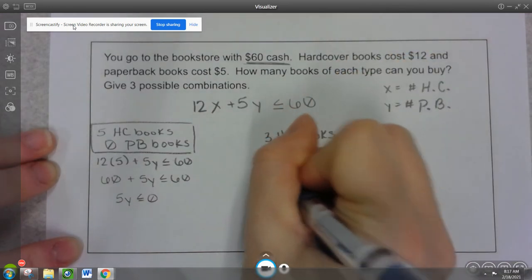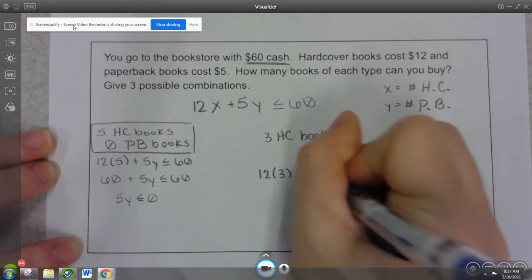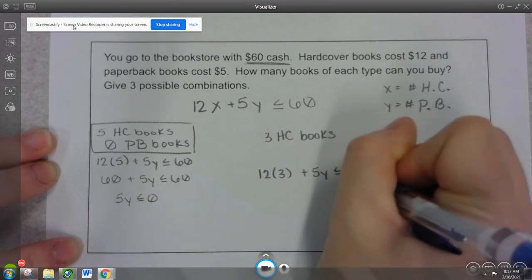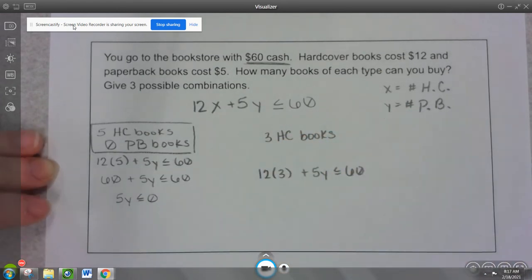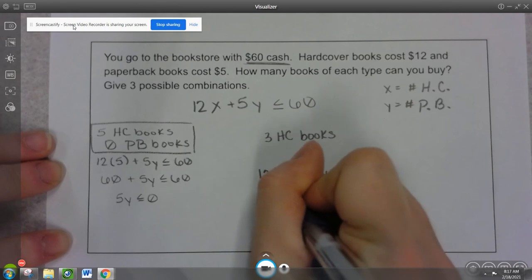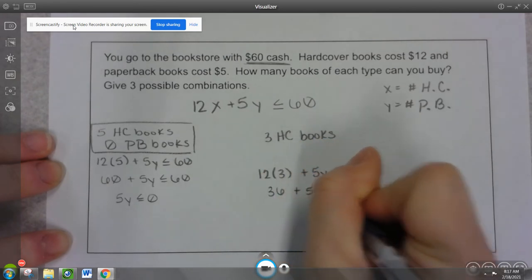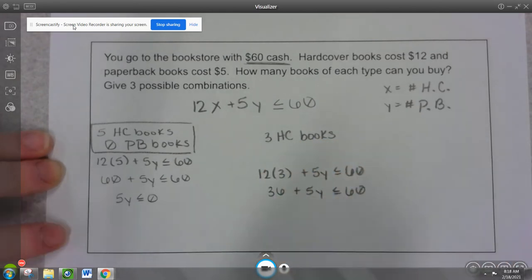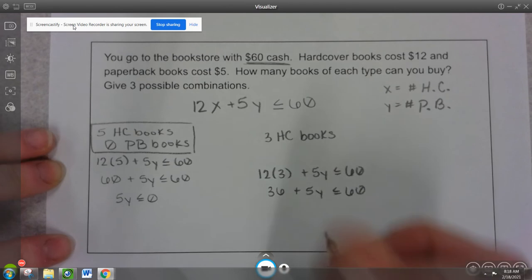Well, that's going to be 12 times 3 plus 5y being less than or equal to 60. And again, just as a friendly reminder, this is no calculator. So that's 36 plus 5y being less than or equal to 60. I'm going to subtract 36 from both sides.